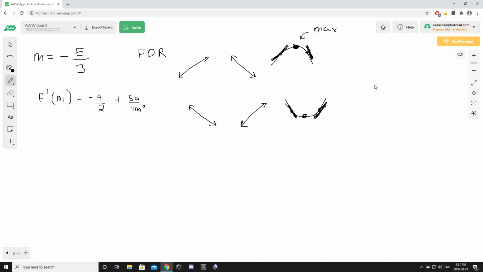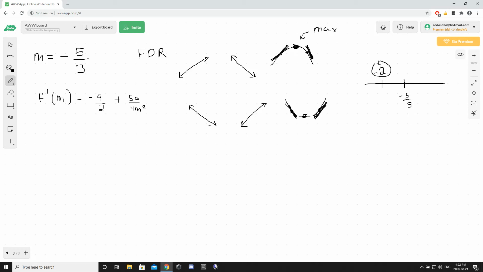Okay, so just to make this simple, this is my value of negative 5 over 3. What's a value that's to the left of that? Well, a value to the left could be negative 6 over 3, so I'm going to use negative 2 as a value to the left.